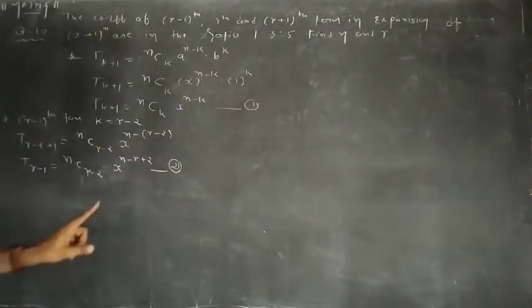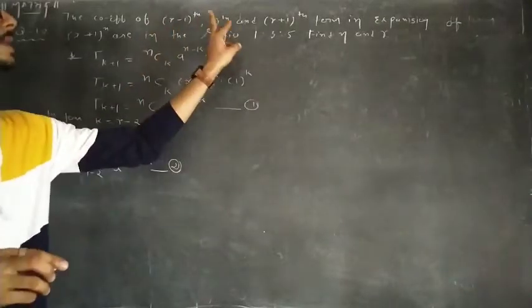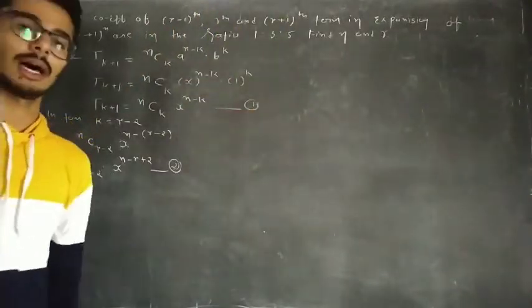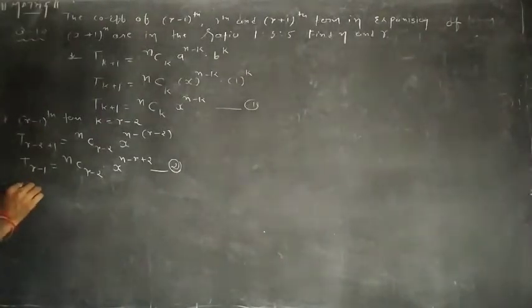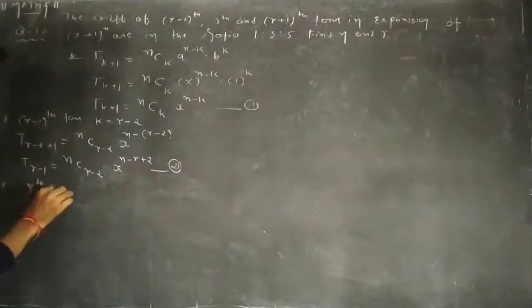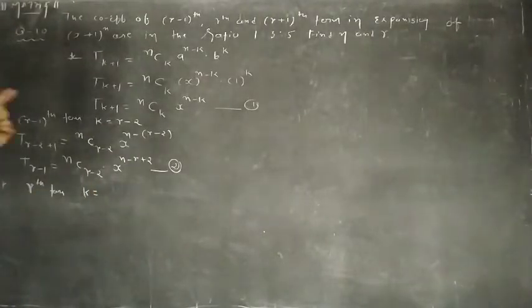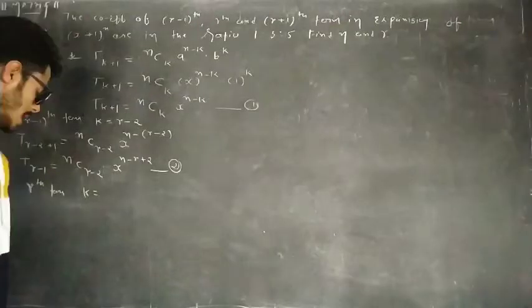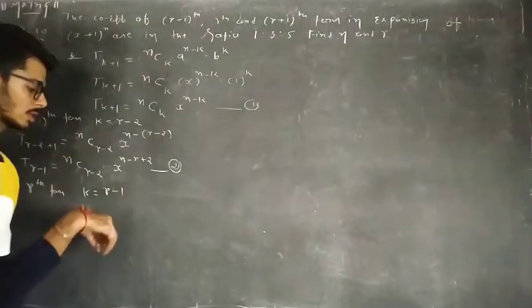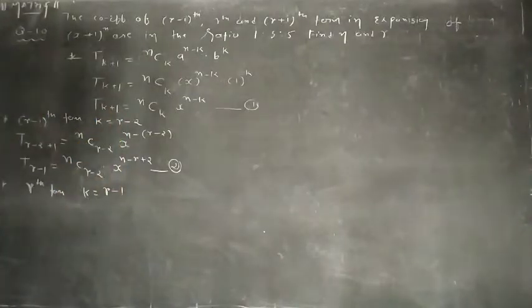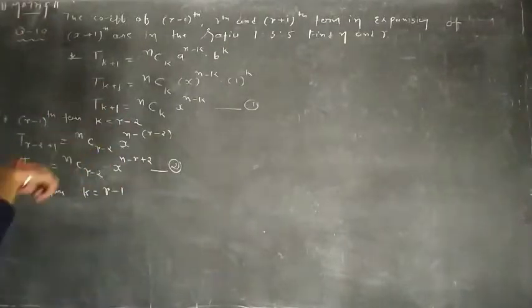That is the value of the r minus 1 term; likewise we do the r term and the r plus 1 term. Next, for the r term, for which value of k do we get the r term? We put k replaced by r minus 1, so plus 1 and minus 1 cancel out and what remains is r.